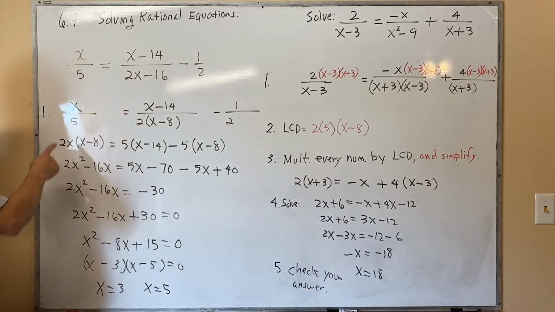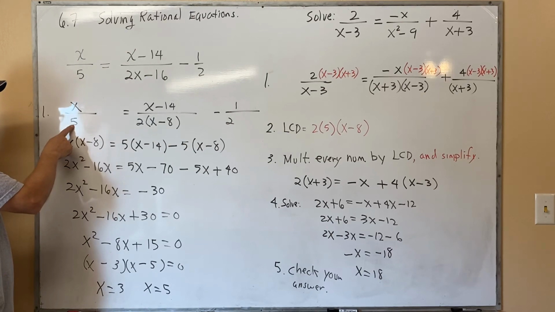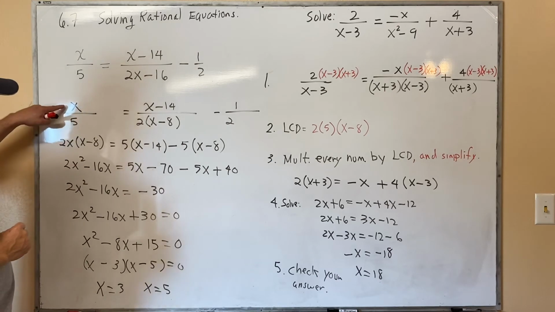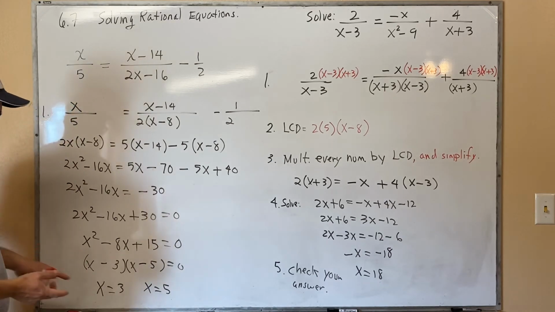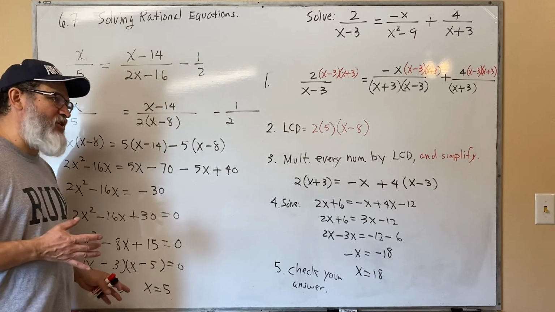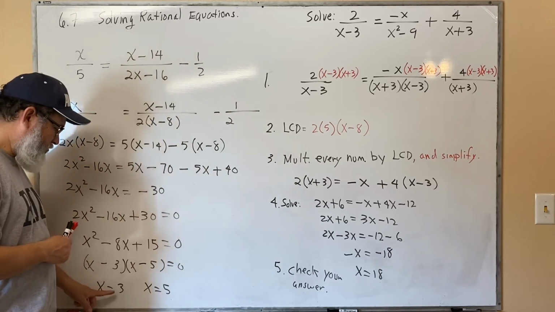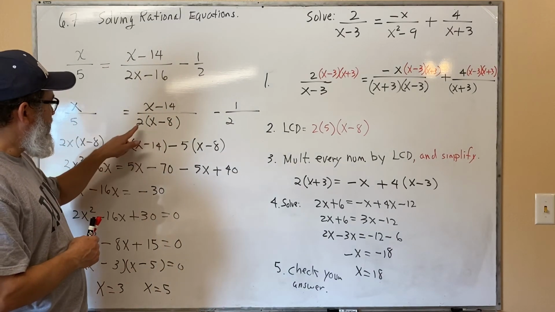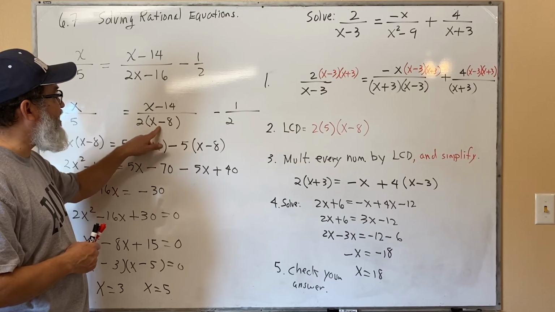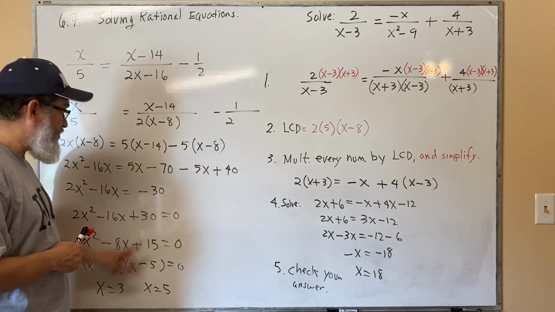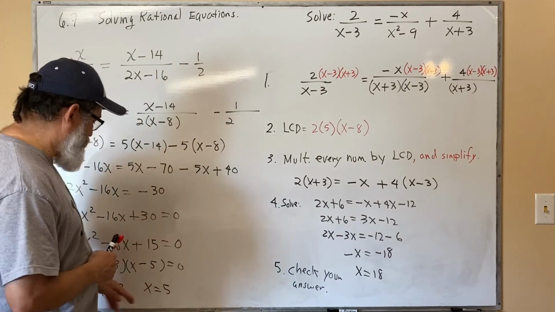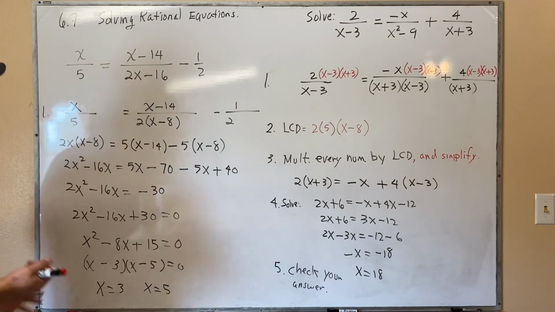If it does, it's basura. So 3 over 5, fine. That's if you're fairly confident. If you think you made a mistake, you better check all the way. Take 3 and plug it in there. 2 times 3 minus 8 is negative 5. 2 times negative 5 is negative 10. So 3 does not make this denominator 0. So 3 is fine.